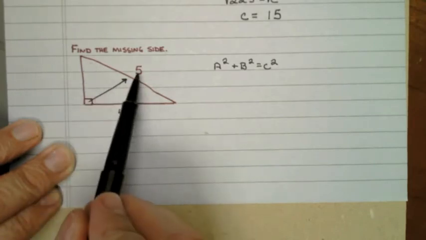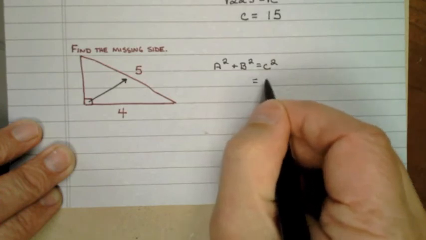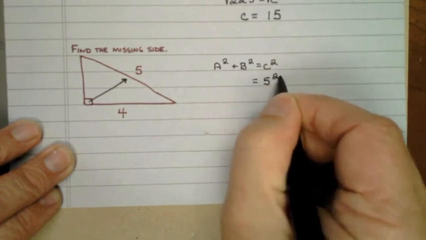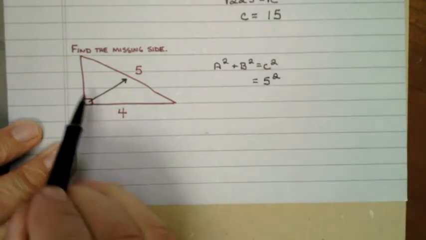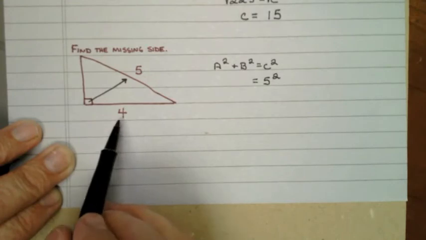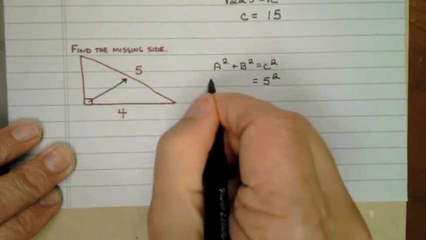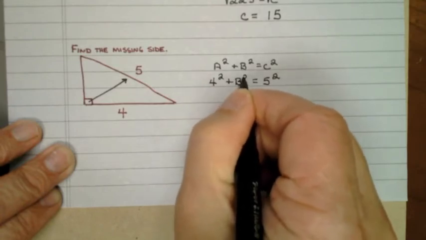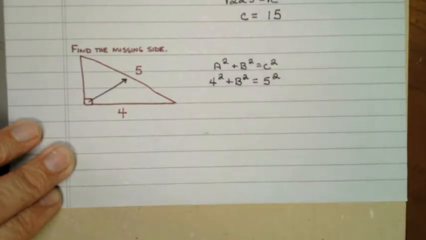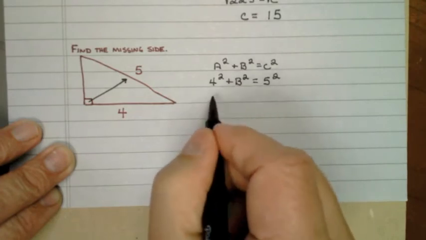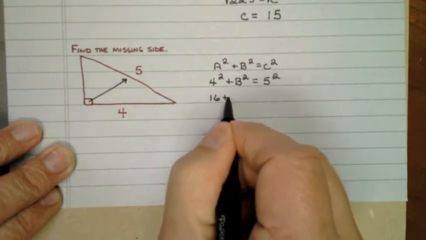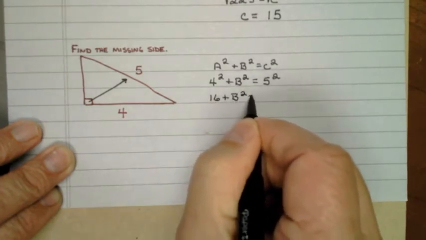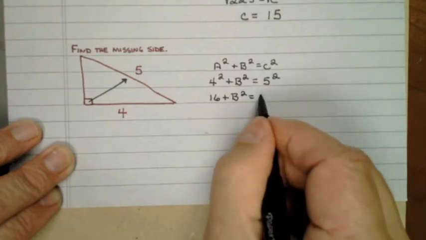That one has to go in for C right here. It doesn't matter where I plug these other two in. So I can go ahead and plug this 4 in for A, and I'm going to be solving for B. 4 squared is 16 plus B squared equals 5 squared is 25.